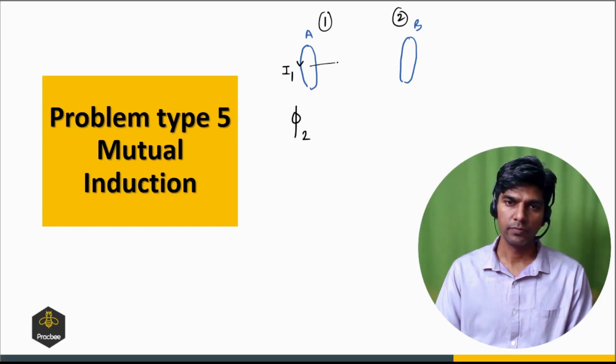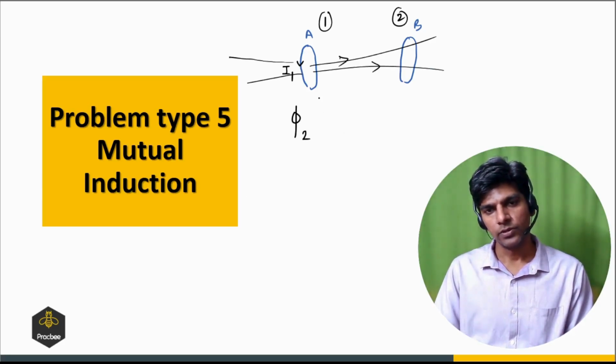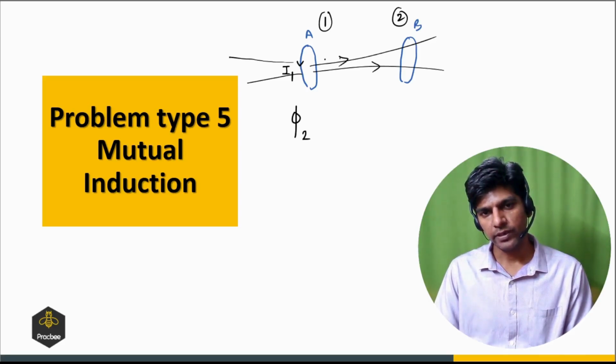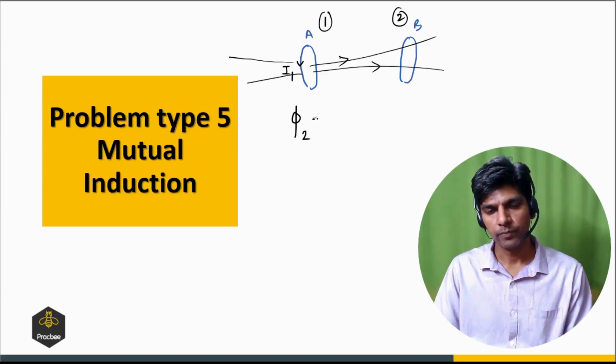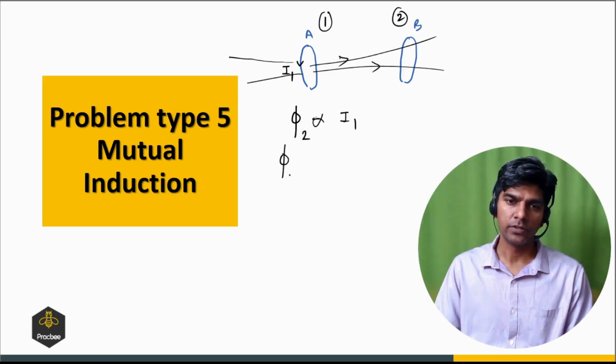So there will be some magnetic field lines which will be linked with the coil 2. So the flux linked with coil 2 due to the current which we have set up in the coil 1 will be proportional to the current in coil 1. And the constant of proportionality is defined as the mutual inductance.